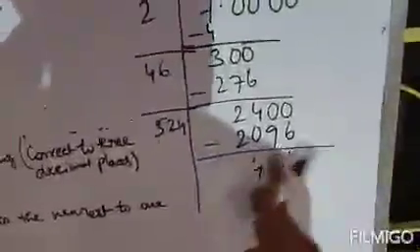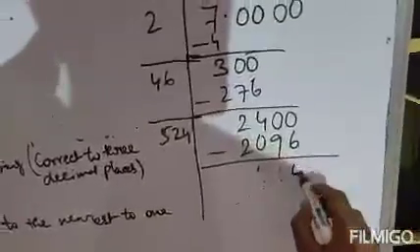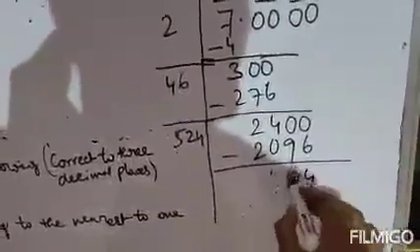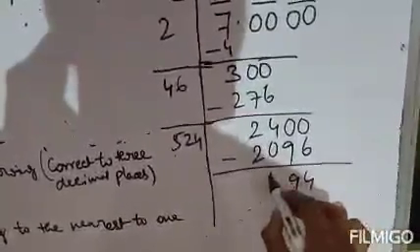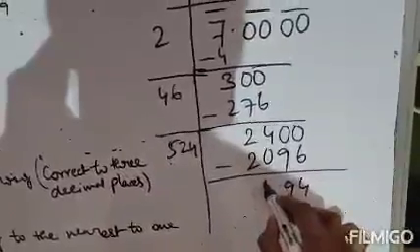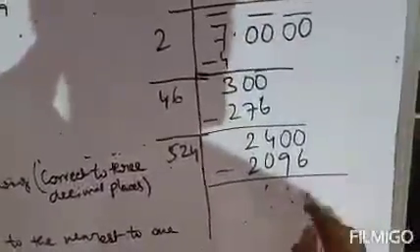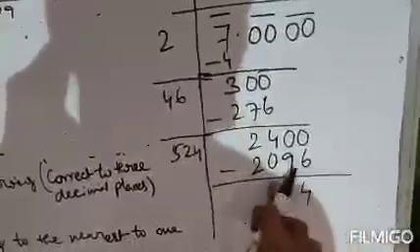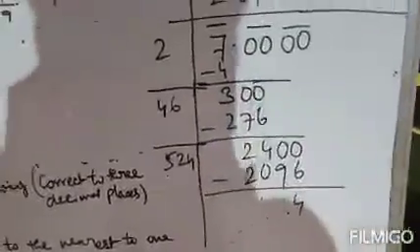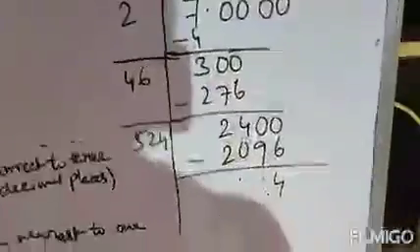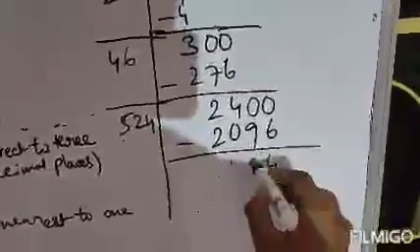This is 4 9, this is 4 0 1, this is 304. Clear?